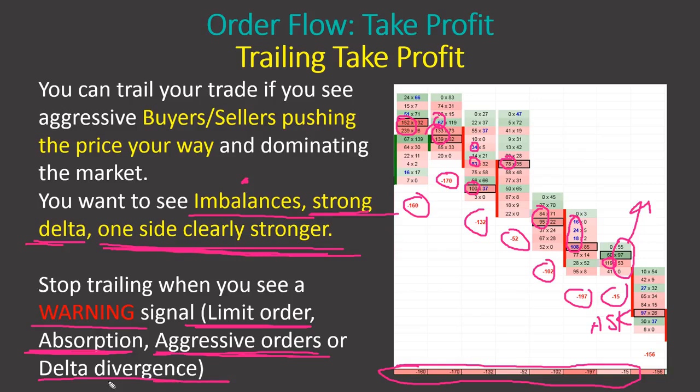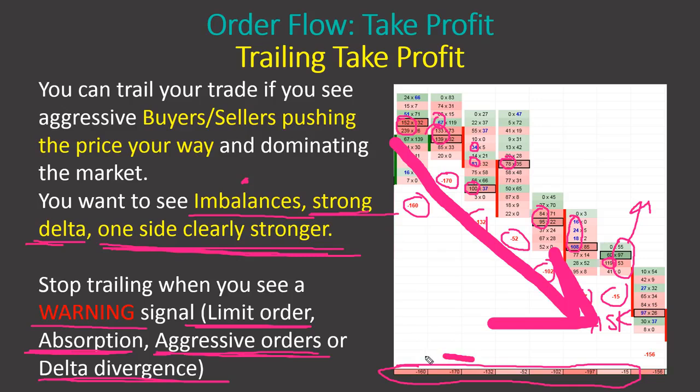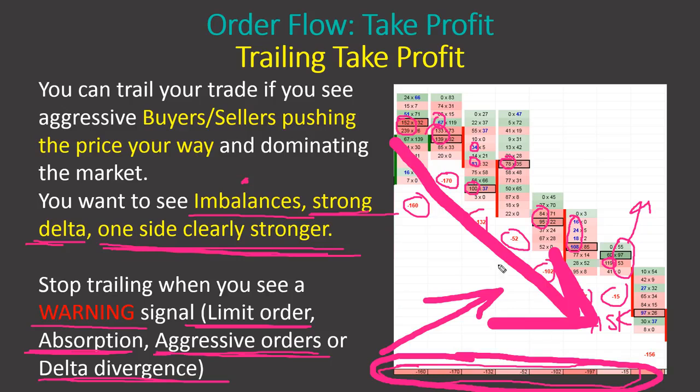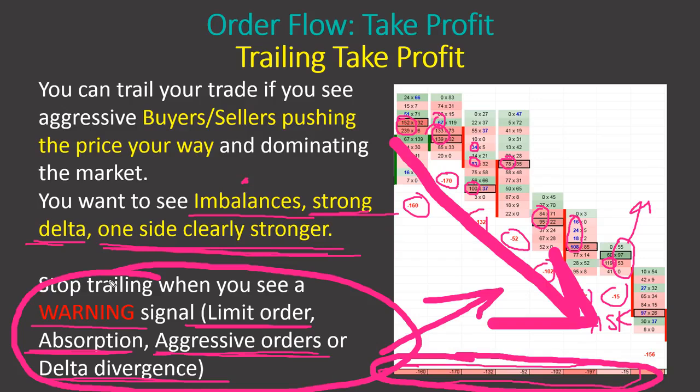And also another warning would be if you saw delta divergence, which would mean price going downwards but delta rising. So in this case, delta would be rising. You would best see it on the line cumulative delta indicator. All right, so if you see any of those warning signals, then it's best to stop the trailing, because those are signs that the trend could turn.